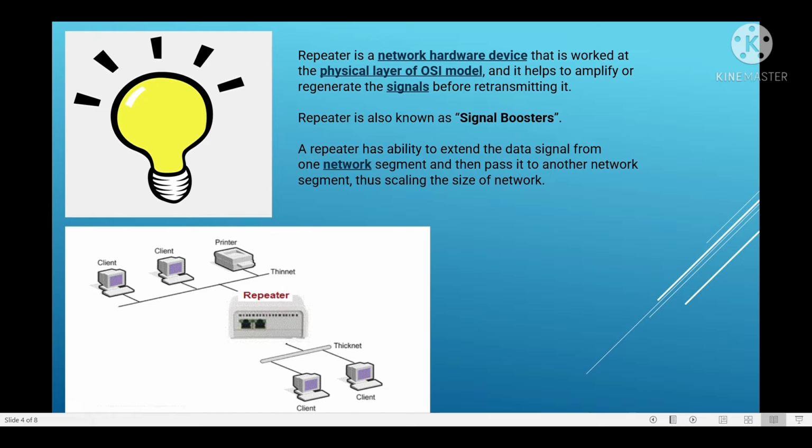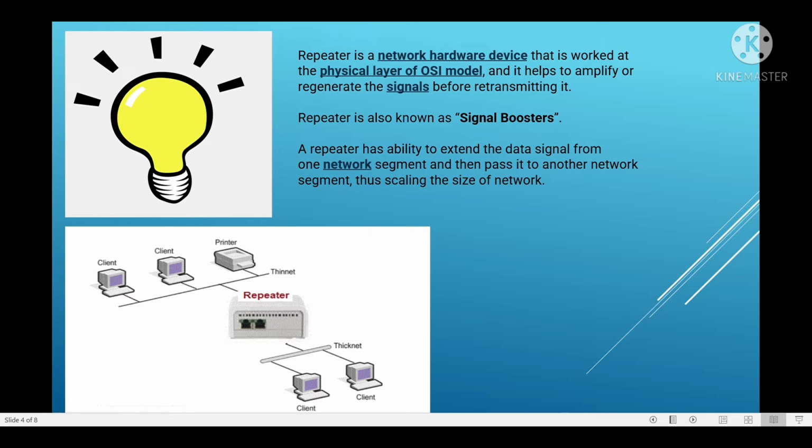Repeater has the ability to extend the data signal from one network segment and pass it to another network segment, and thus it is able to scale the size of the network. As we can see here in the diagram, there are multiple devices like client computers and a printer, then we have a repeater installed, and the other side of the repeater has another network of computers.